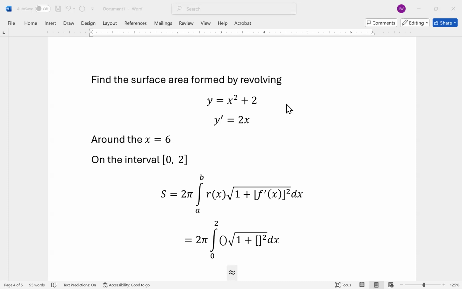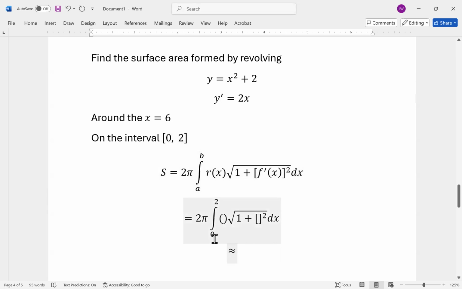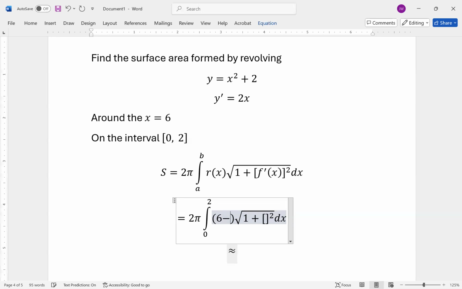We can use a lot of the same things we did in the previous examples. For instance, we know already that the derivative of x squared plus 2 is 2x. We're rotating around x equals 6, and we're integrating from 0 to 2. So my integration is going to go from 0 to 2. My radius is going left to right.